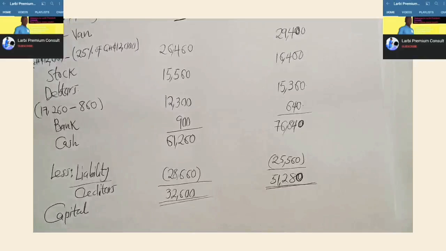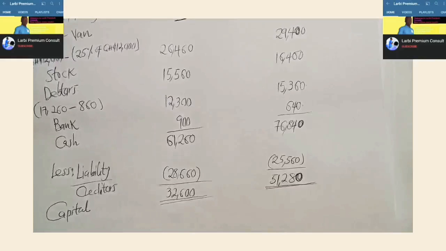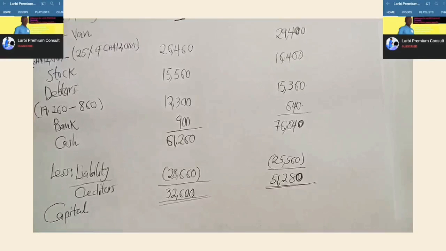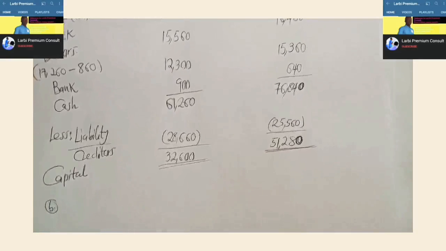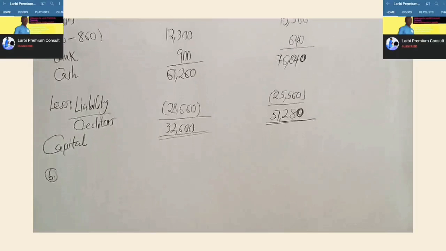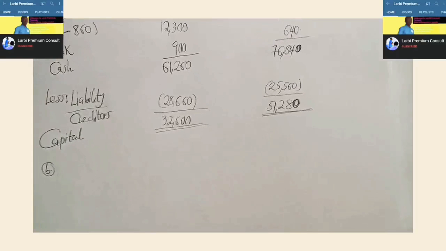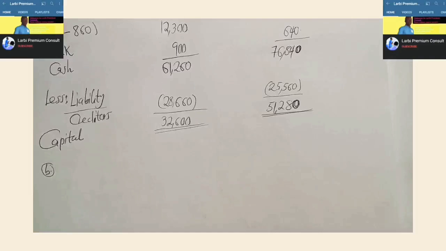Then B, we are asked to prepare a statement of profit or loss for the year 31st December 20X4, right?